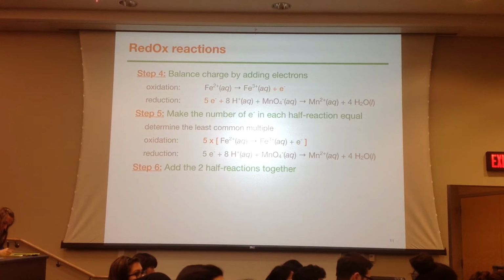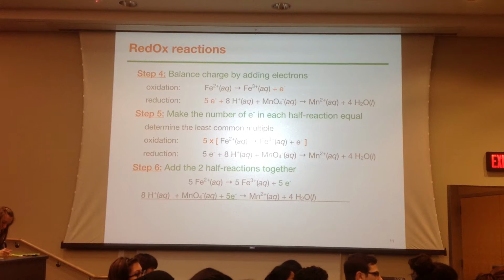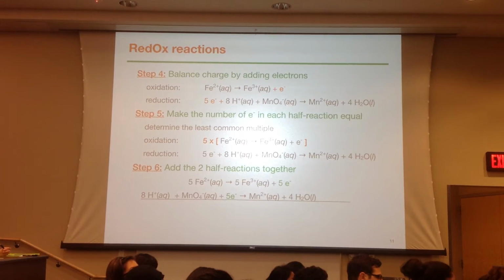Okay, well, I pull the 5 all the way through the equation up there. I'm going to have 5 iron 2 to give me 5 iron 3 plus 5 electrons. Add that to my other equation, which is 8 protons, 1 permanganate, 5 electrons, 1 manganese, and 4 waters.